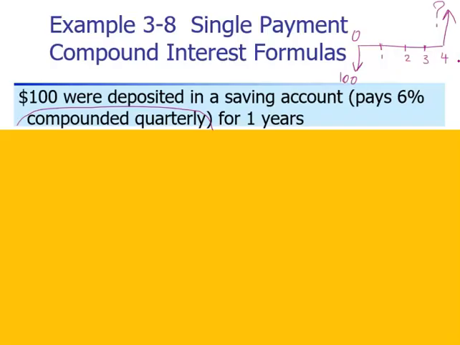So when it says pays 6% compounded quarterly, it means that it's 6% annually. Because by default rates are annual, it means that it pays 1.5% quarterly. Again, I refer you to the point I mentioned before: learn to think clearly and in a structured way.